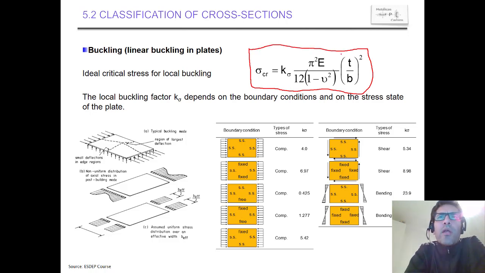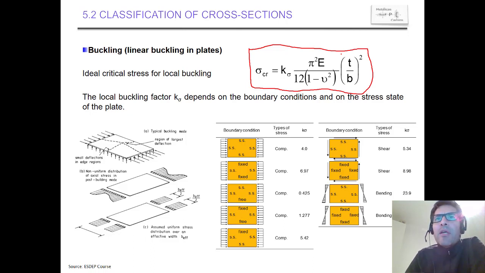This formula will be a little bit complex now. We haven't discussed global buckling, and this is the first time instability appears in these sessions of steel structures in the way we have organized. And so this formula is a stress. The unit of this formula is megapascals.